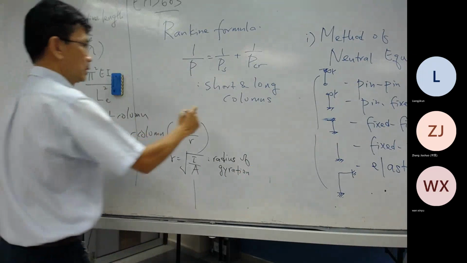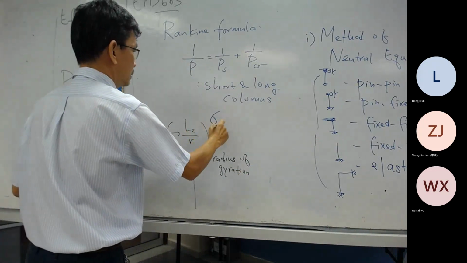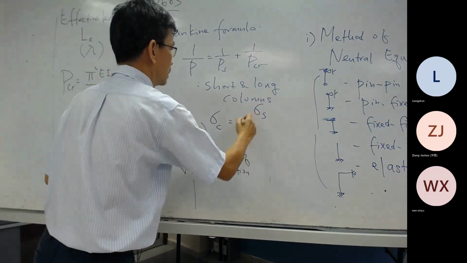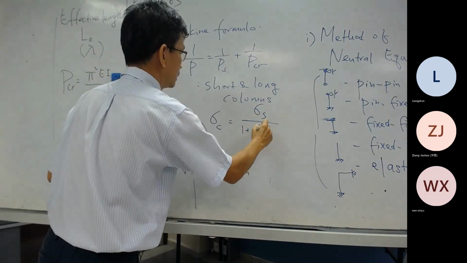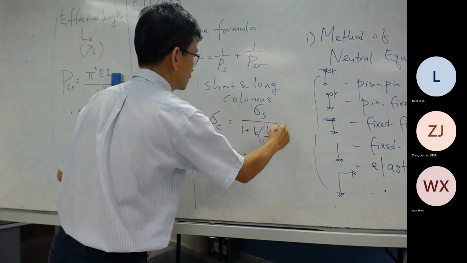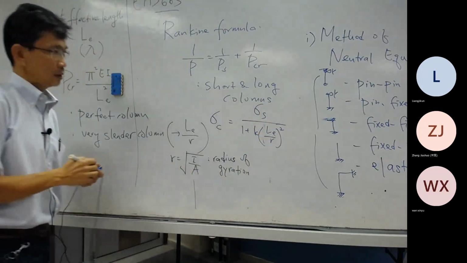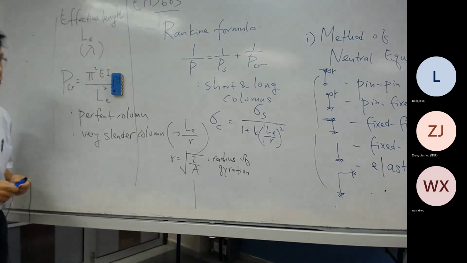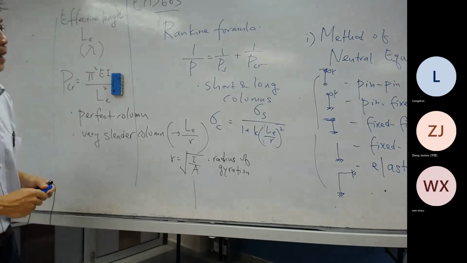And to use this, we have this formula, which I think should be sigma S over 1 plus K LE over R squared, where LE over R is the slenderness ratio.